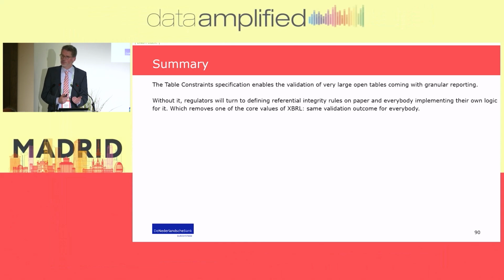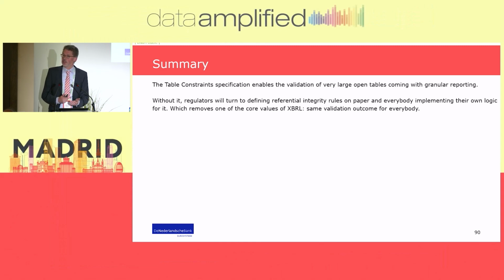For me, one of the main advantages of xBRL is having certified software, meaning that I will never ever have to go into the discussion with some vendor saying my implementation of the specification is better than yours. I will simply ask, is it certified? Almost. I'll wait until you are certified and then we will discuss further who's better.